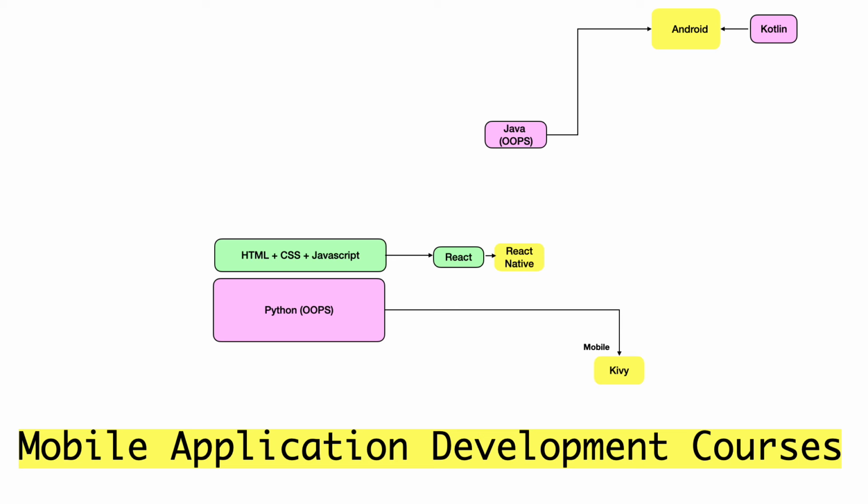Similarly, we have Flutter, which can also be used for cross-platform mobile application development, which means that if you develop a mobile application for Android, you can also use it for iOS or other devices. We also have mobile application development using Python. We have a library called Kivy. Using that, we can develop mobile applications.